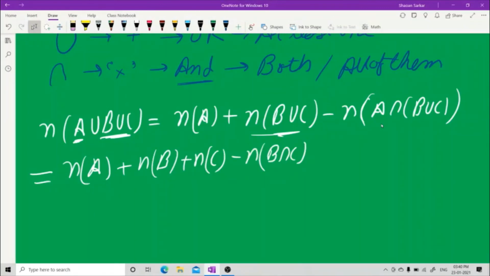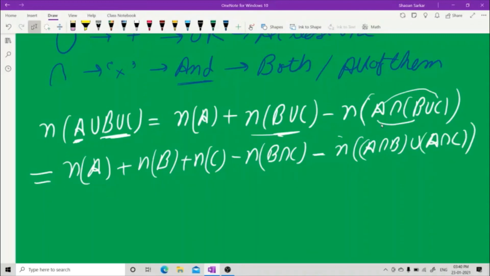Now minus N of A intersection B, one part, union A intersection C. I'm using the distributive law once. See what I did.